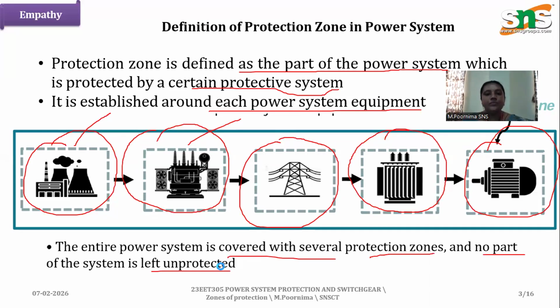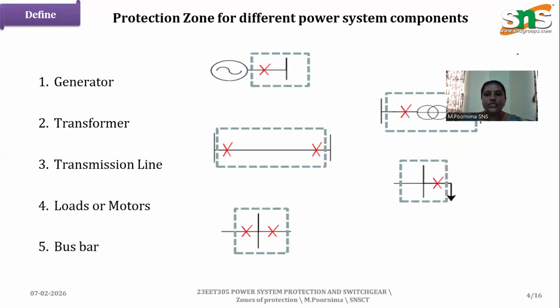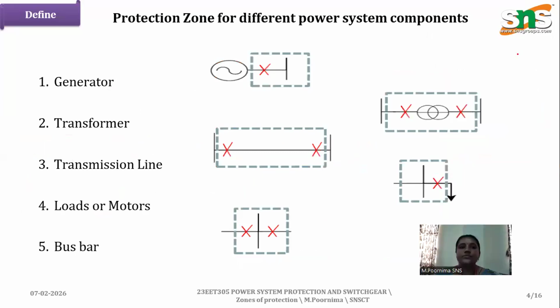Now, we can see what items are to be protected. First is the generator, where generator protection is needed, and transformer protection, where it is needed.